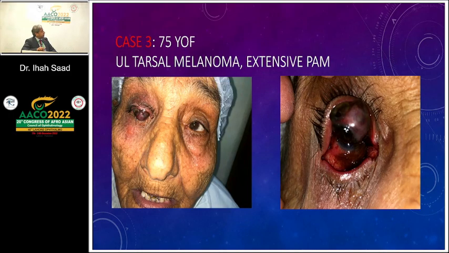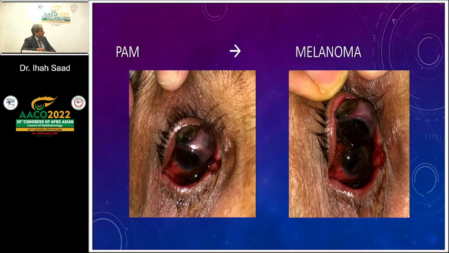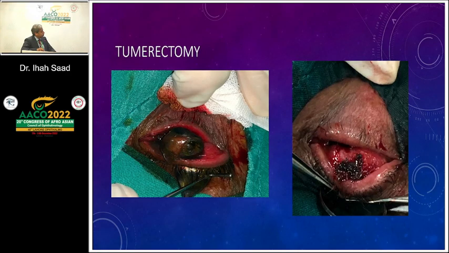So this was another female presenting at the age of 75, with this huge melanoma that came from PAM, and there was no way for her to accept an exenteration or even to go into the OR. It proved to be a melanoma, and you can see the primary acquired melanosis giving rise to this huge melanoma.